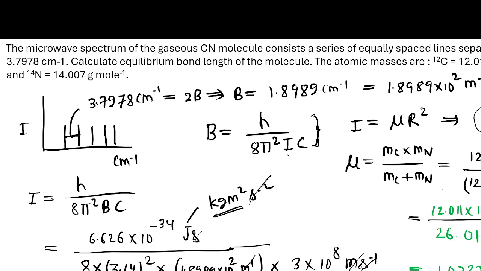We can convert this into kg, and you will get 1.0737 times 10 to the power minus 26 kg. Correct. Now I am writing it here in this bracket. So what will be our bond length?